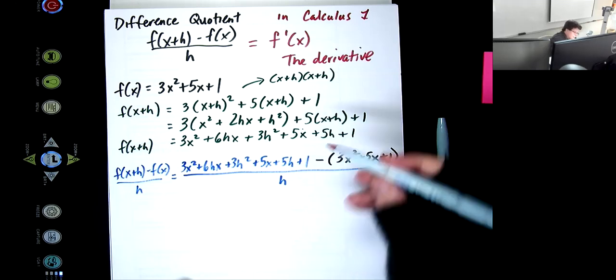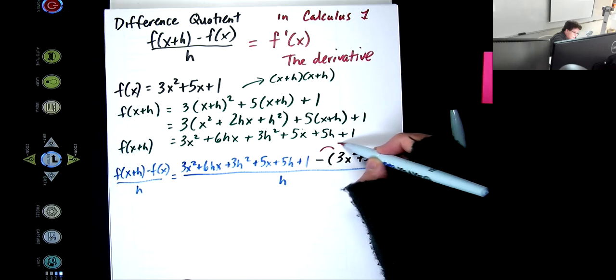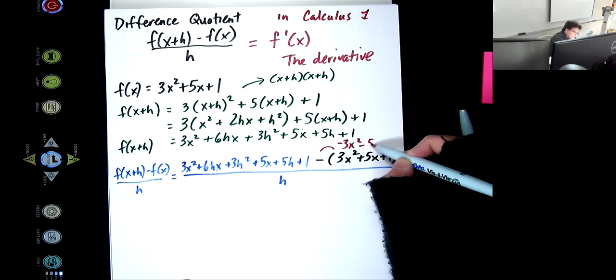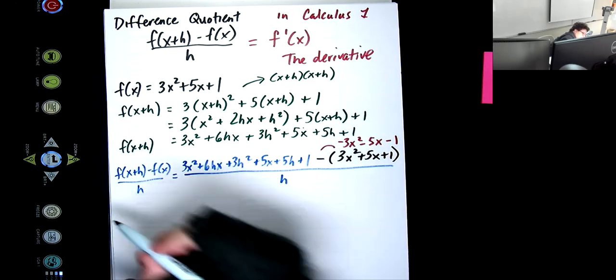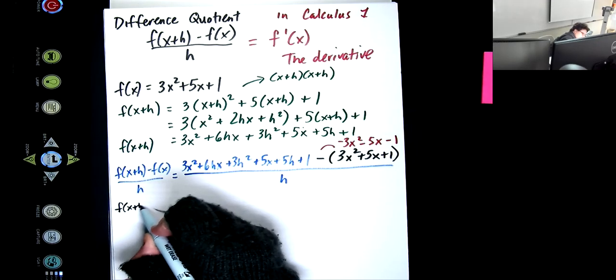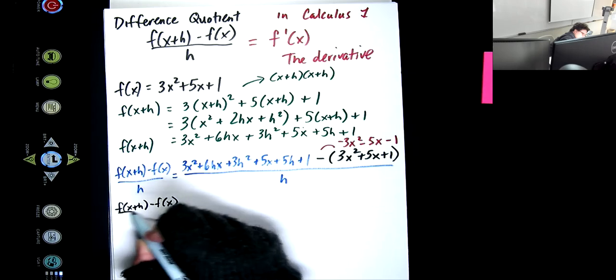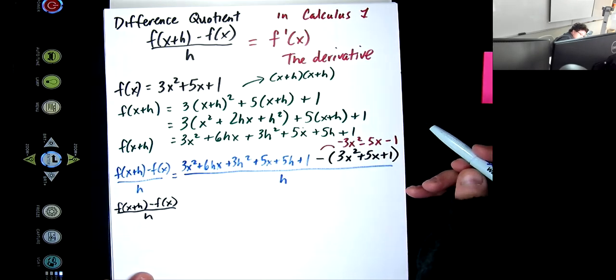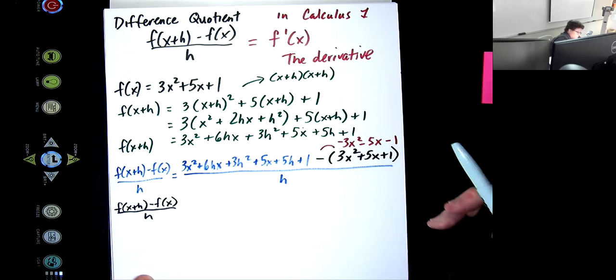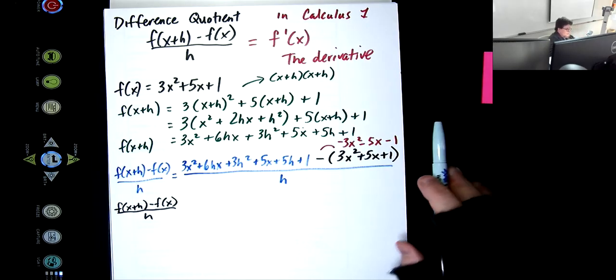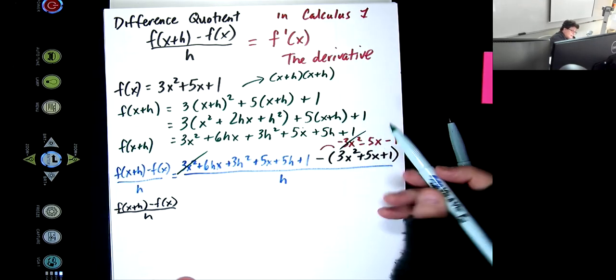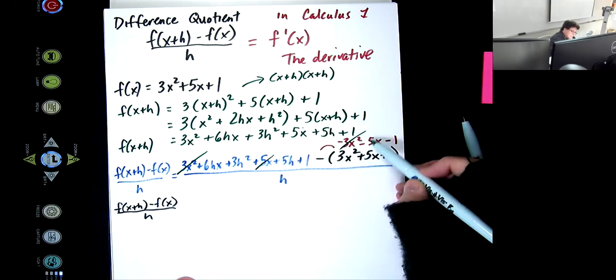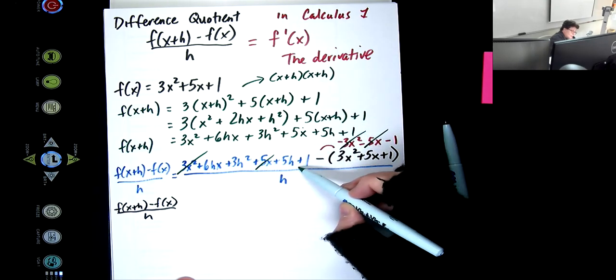So if I write above it, when I distribute, I got negative 3x squared minus 5x minus 1. So my 3x squareds cancel out. My 5x's cancel out. And my 1 and negative 1 cancel out.